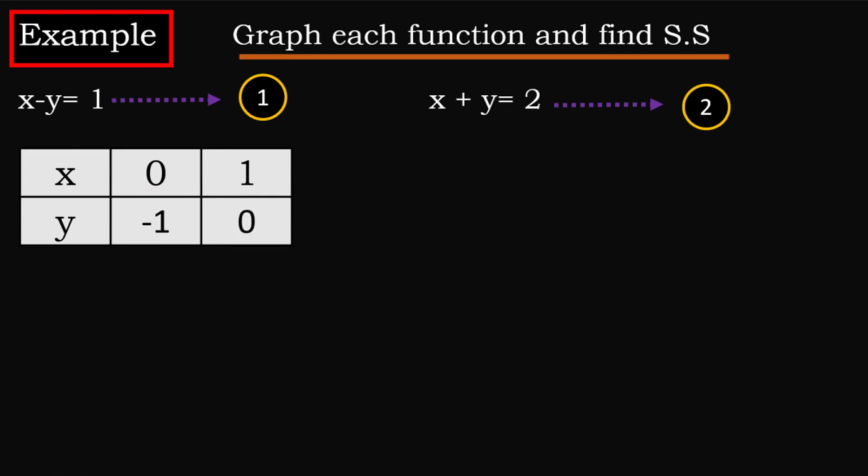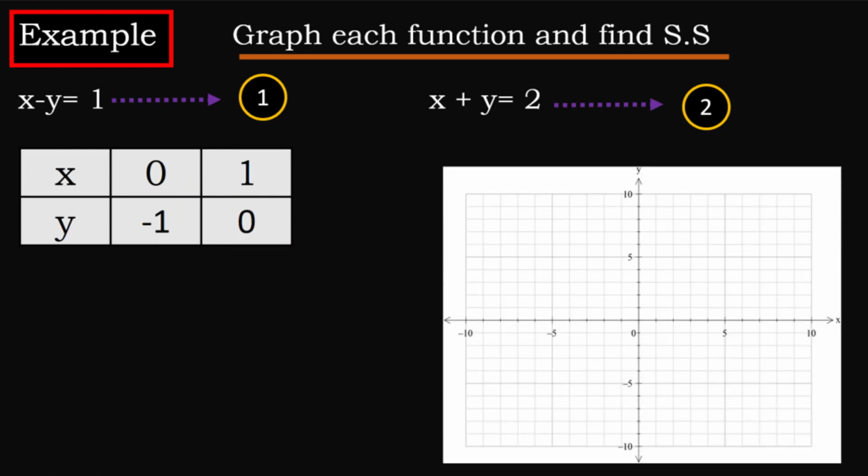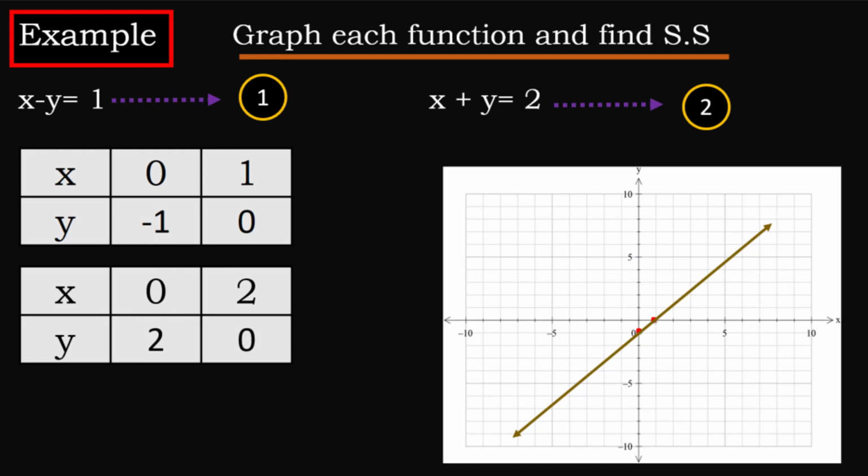Now we can draw the first line. The first point is (0, negative 1), and the second is (1, 0). So we draw the line. In the same way, for the second equation, when x equals 0, y will be 2. So we have the point (0, 2). And when y equals 0, x will be 2.